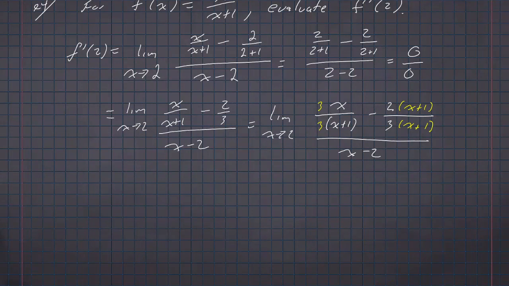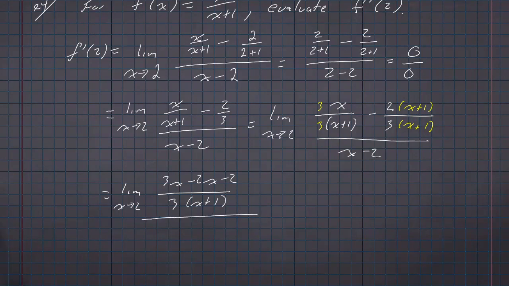All right, so now we have the limit as x goes to 2 of 3x minus 2x minus 2 all over 3 times x plus 1, all over x minus 2. And hey, once again, we can simplify here.